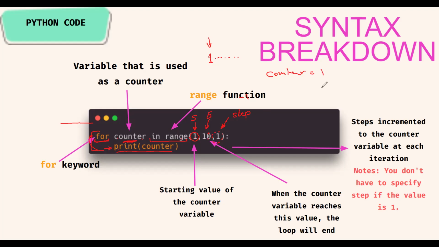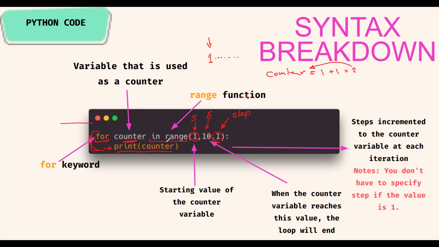Not yet. So we increment by 1. Why am I saying 1? Because I specified 1 here. So the counter variable inside the memory will now store 2. So we go again.